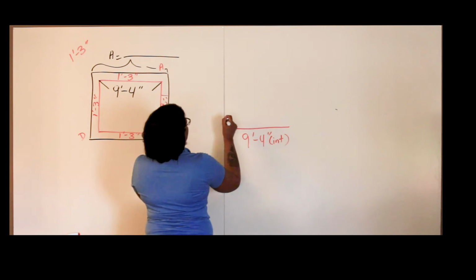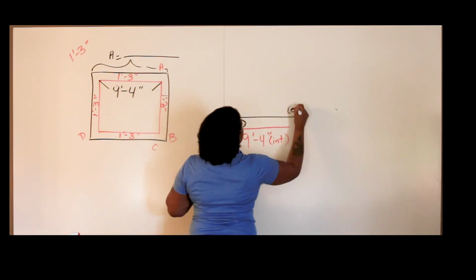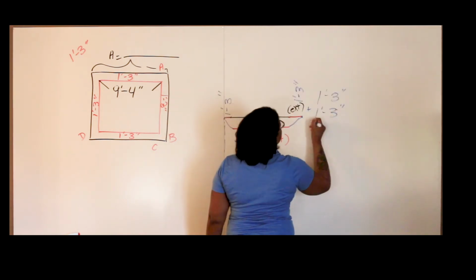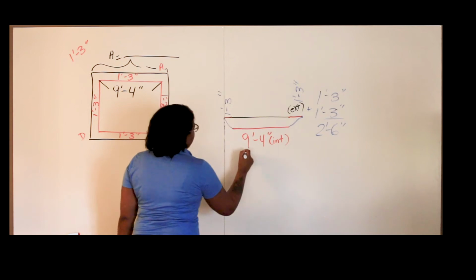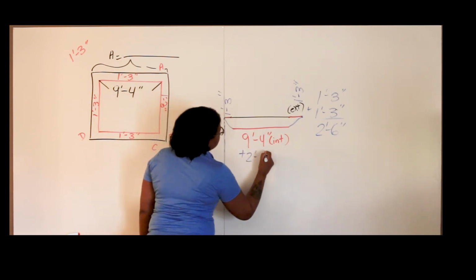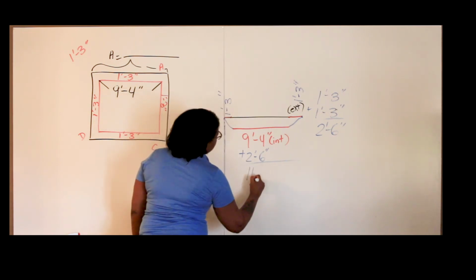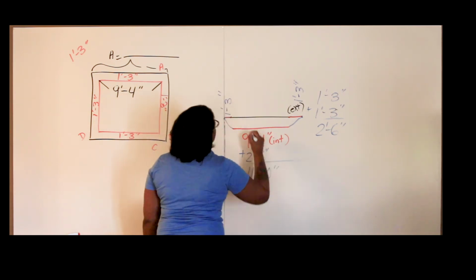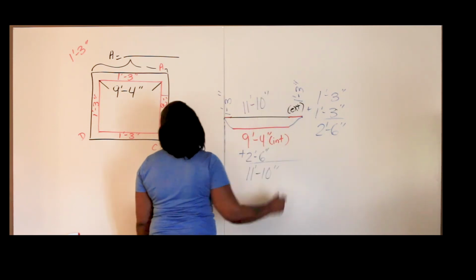The exterior wall, I have to double up that thickness. So if I add 2 feet 6 inches, I'm going to have 11 feet 10 inches. So the exterior would be 11 feet 10 inches.